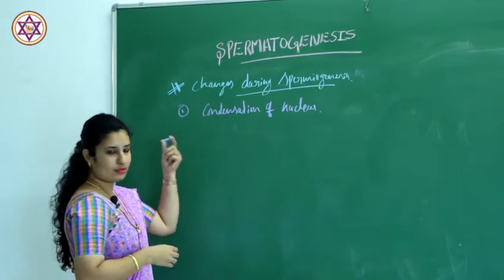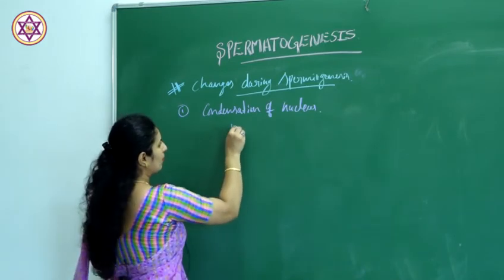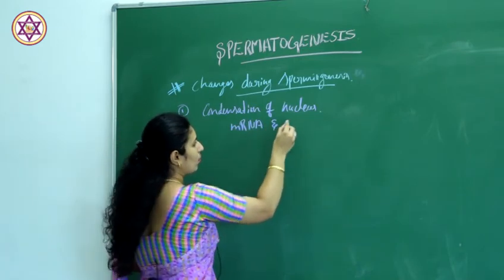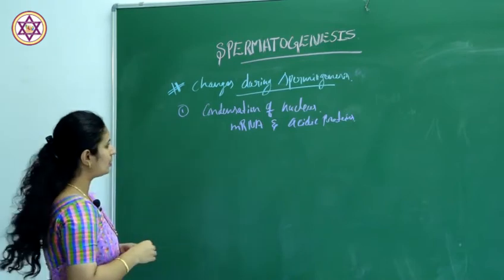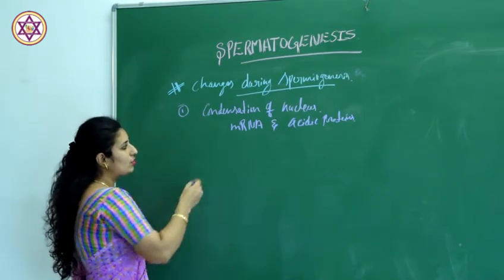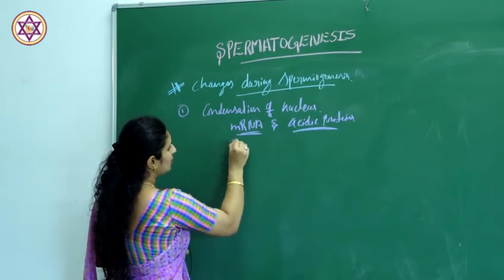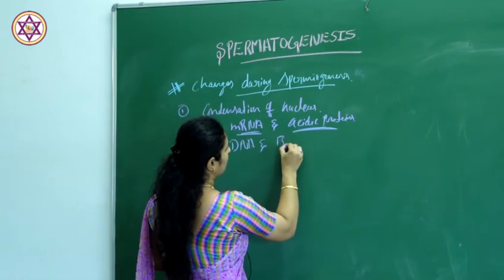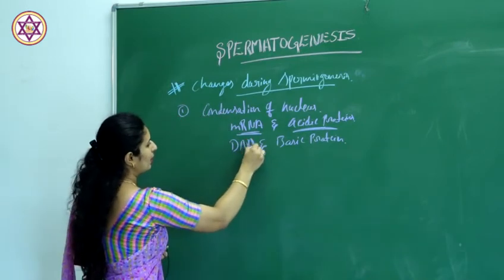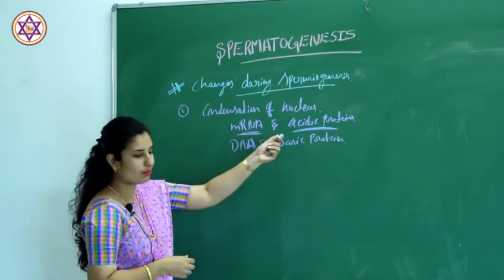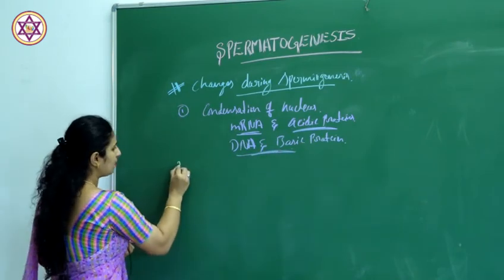In this change, the nucleus condenses by losing mRNA and acidic proteins, and the remaining material is DNA and basic proteins.